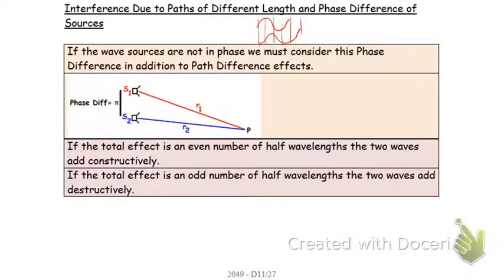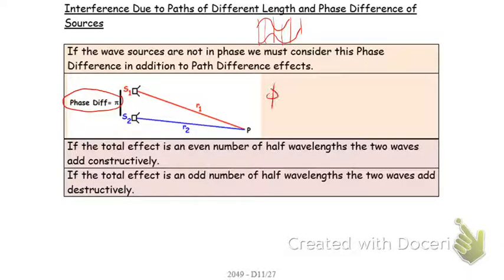Now I have a path difference, but I also have a phase difference of my speakers. In this case, the phase difference is 1 pi. What that means is it's half a wavelength out, which means that when one's pushing, the other one's pulling. So these are antiphase.